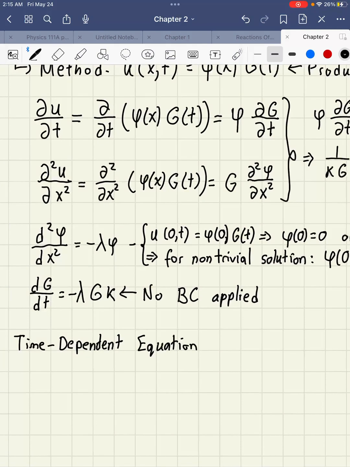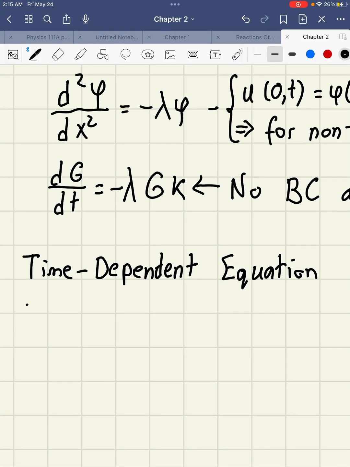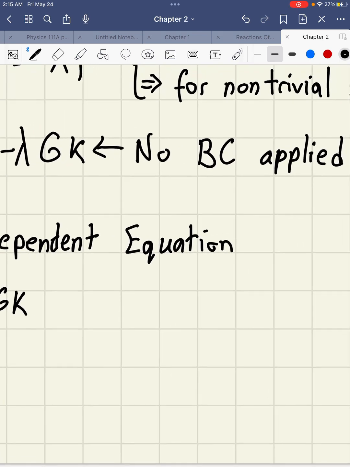In my corresponding PDEs, my time-dependent equation has this form: the ordinary derivative of g with respect to t is equal to negative lambda k g. And I can solve this ordinary differential equation using separable variables.